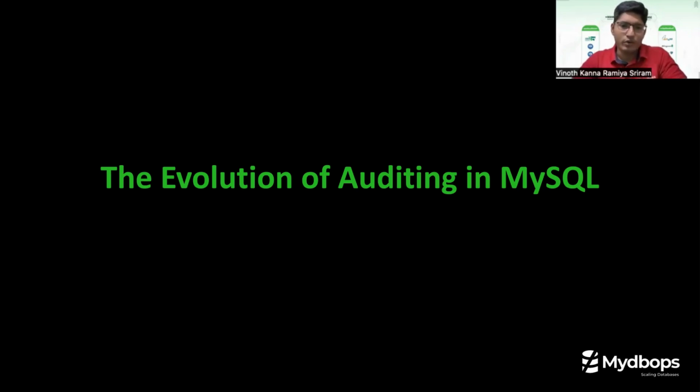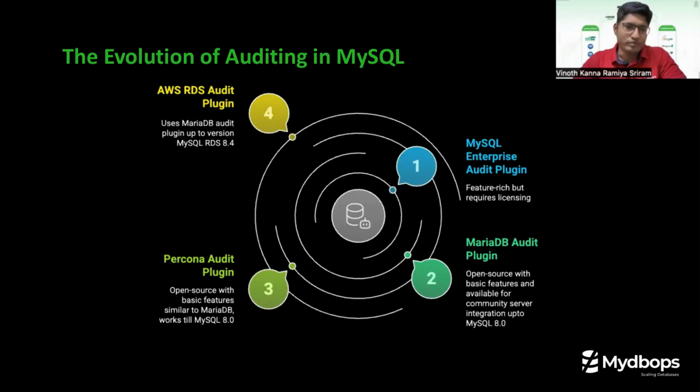Here is a quick evolution of audit logging in MySQL. Audit logging has been an enterprise feature in MySQL right from the early versions, since 5.5. At the time, we had a majority of plugins that enabled audit logging in open source versions.